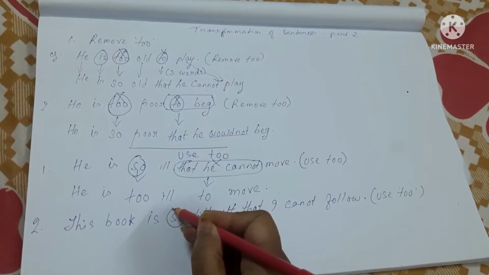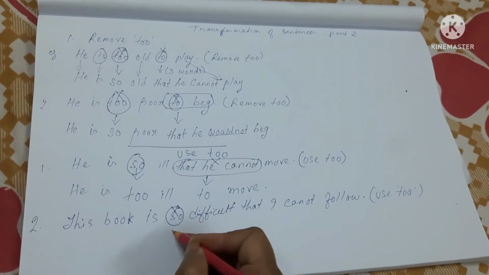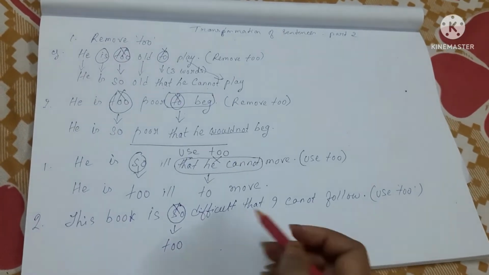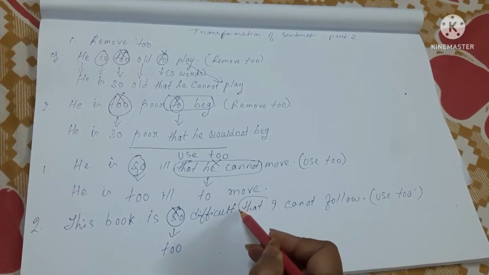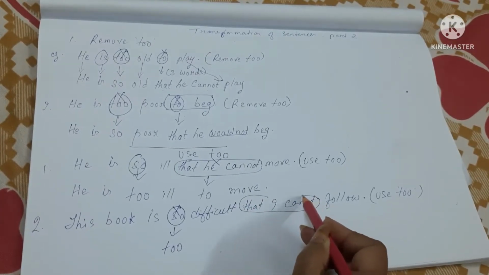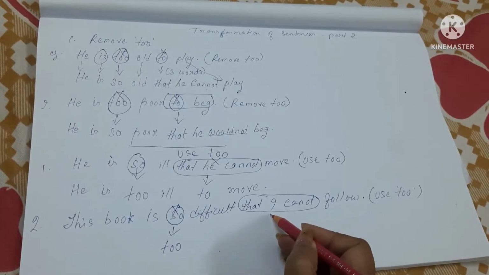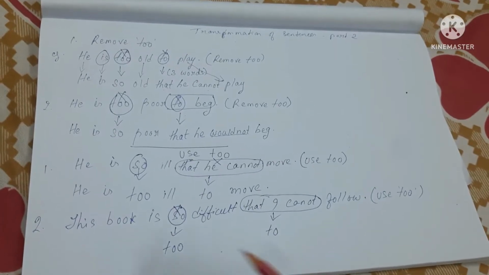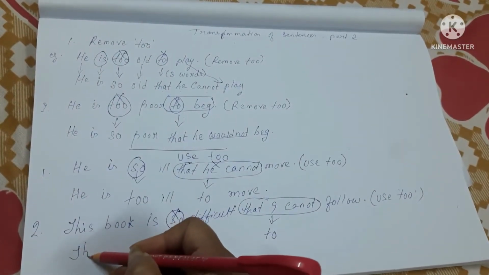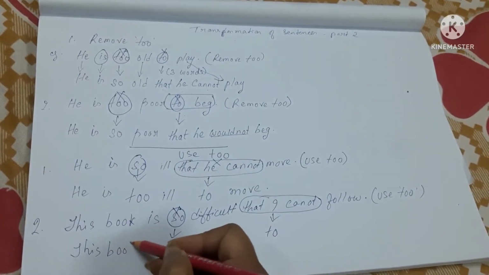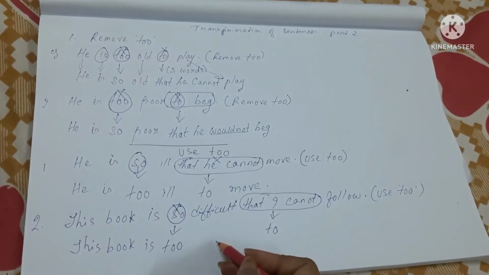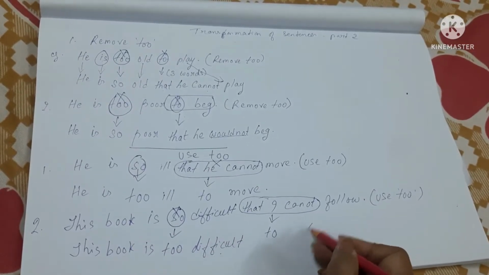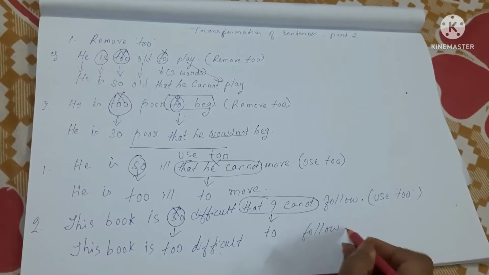We have to remove so. In place of so you have to write too. We have to remove that I cannot. In place of that I cannot, you have to write to. Now let's fill. This book is too difficult to follow. Done.